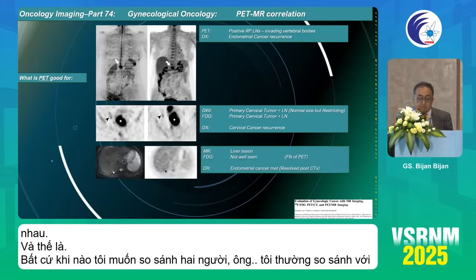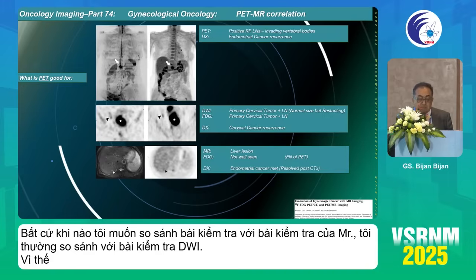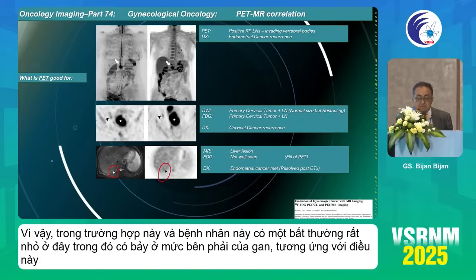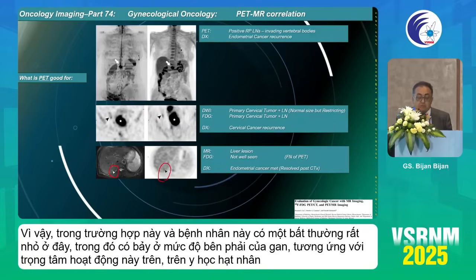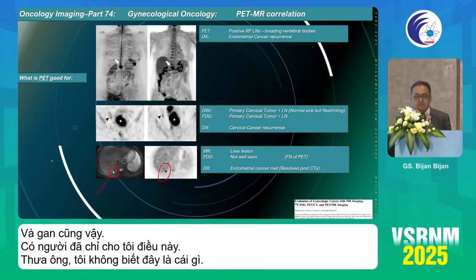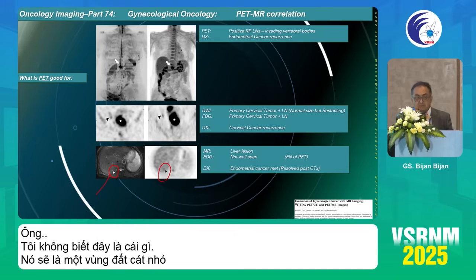In this case, this patient has a very tiny abnormality in segment 7 of the right lobe of the liver, which corresponds to this focus of activity on the nuclear medicine scan, on the FDG scan. On the liver, if somebody shows me this MR, I have no idea what this is. It can be a small cyst, a small hemangioma, anything basically.